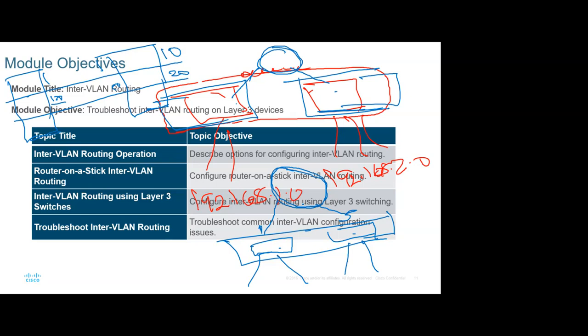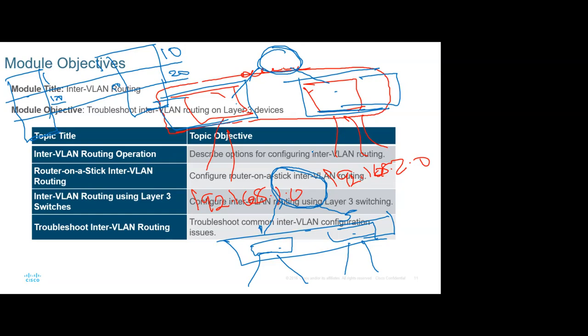It's not actually reliable. If you go with this method, and you have, for example, 5 VLANs, you need a router that has 5 ports to connect to that same switch.